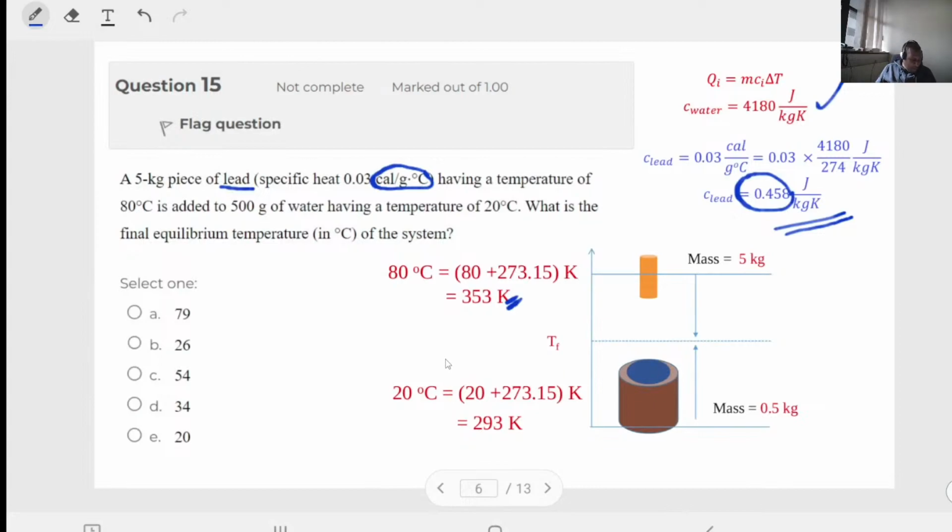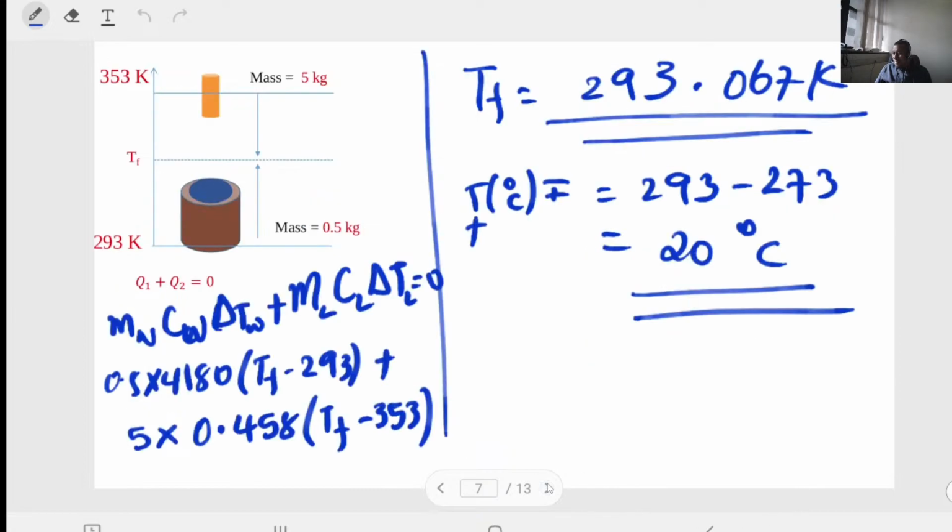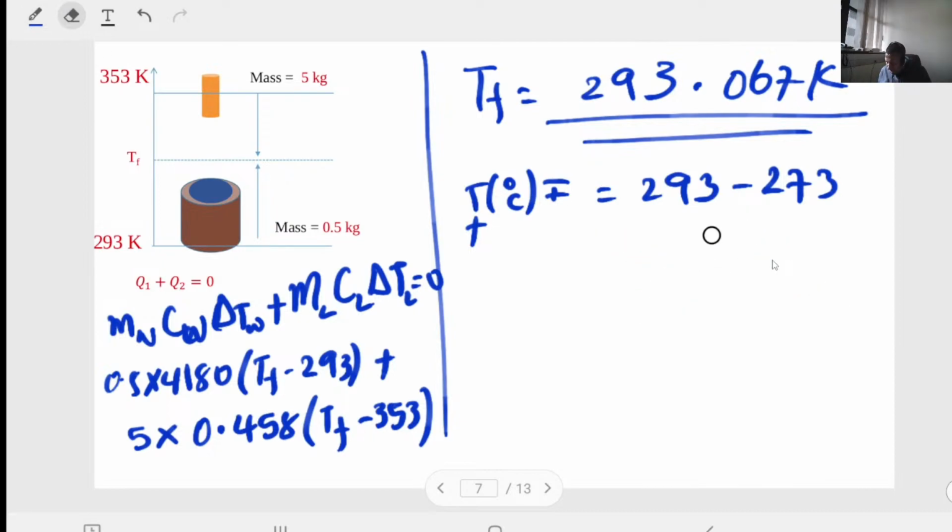That means I have to go through this. My handwriting is not good there. That's the temperature I got.